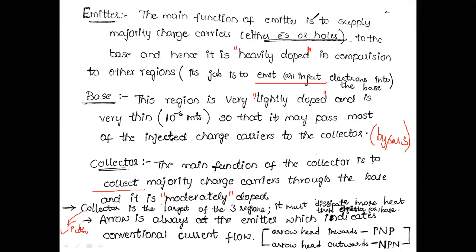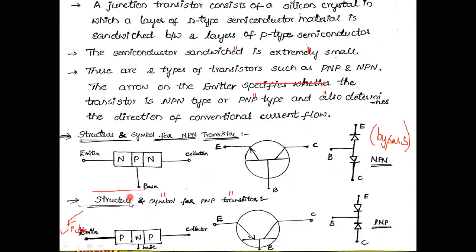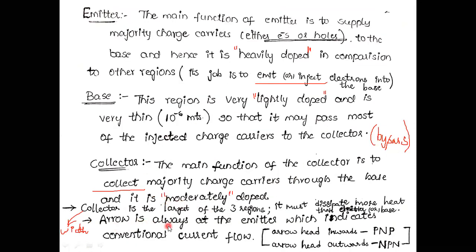When compared to the base region width and the emitter region width, the collector region width is higher. Here, the collector is the largest of the three regions. It must dissipate more heat than the emitter or base. The output is going to be taken across the collector terminal, so it dissipates more heat.